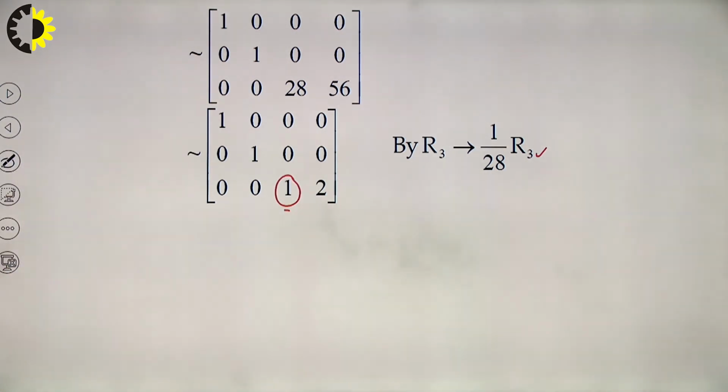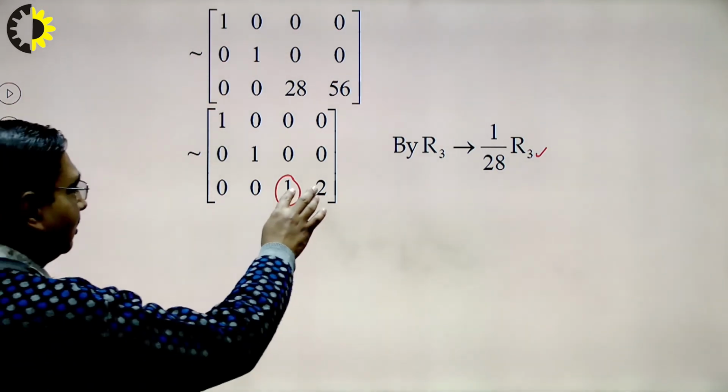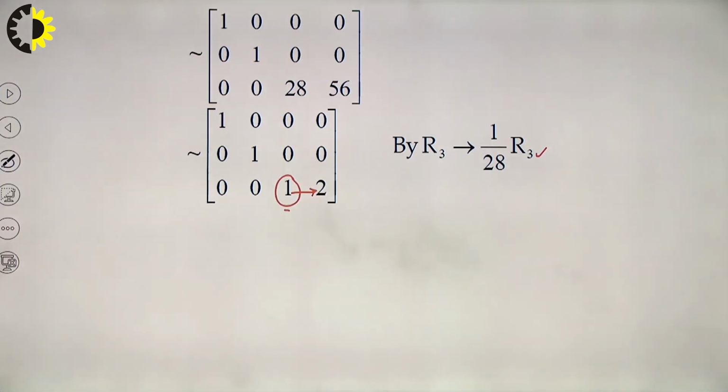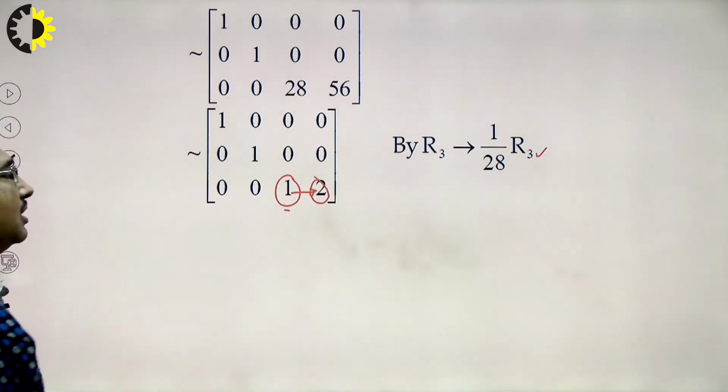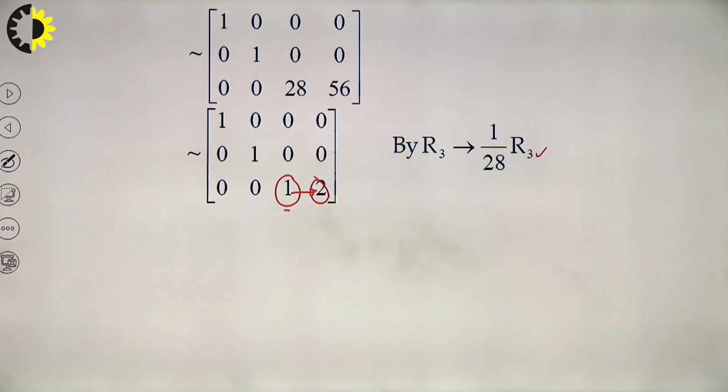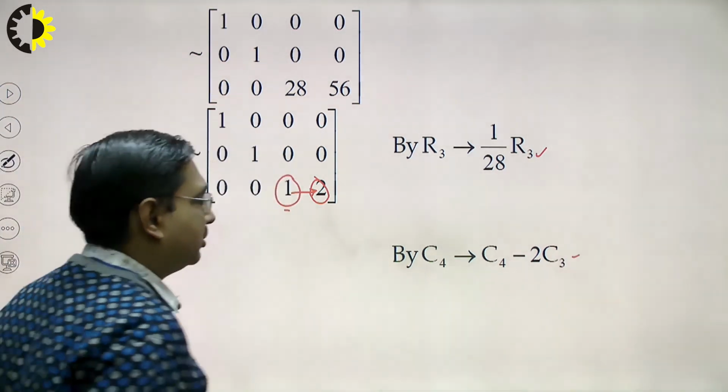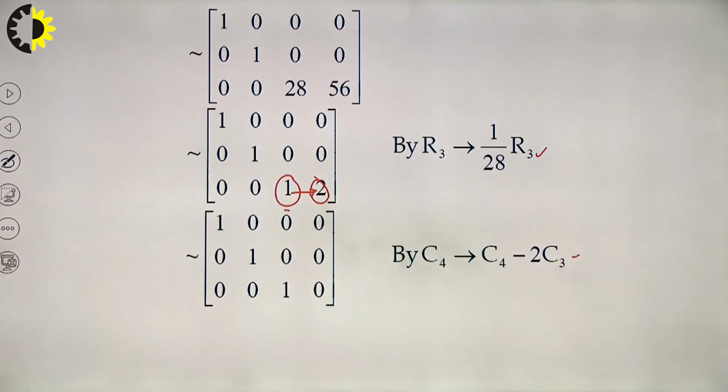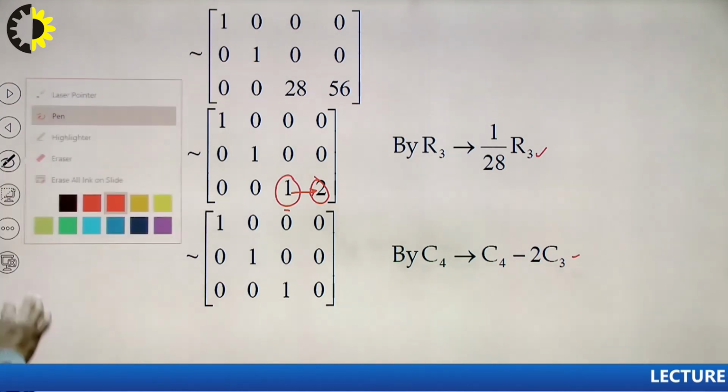No element below that 1, but on the right of that one, this 2 is there. So, I will transform this 2 to 0 with the help of suitable transformations, and applying the transformation C4 minus 2 C3, I obtain this matrix.